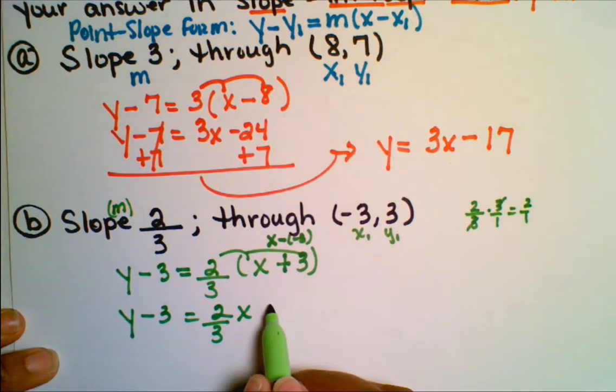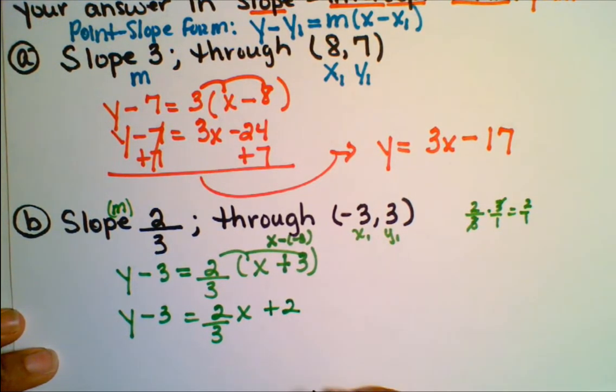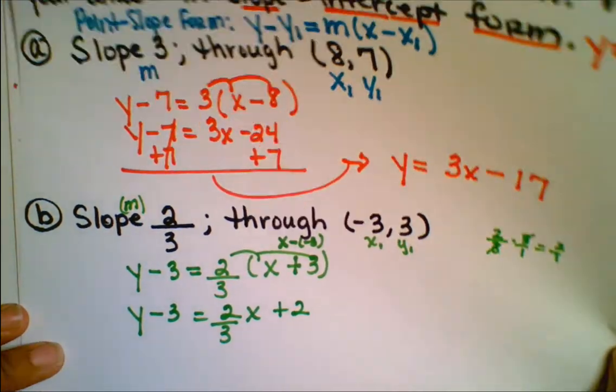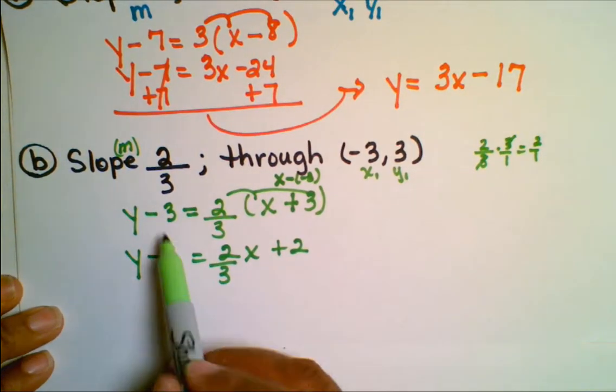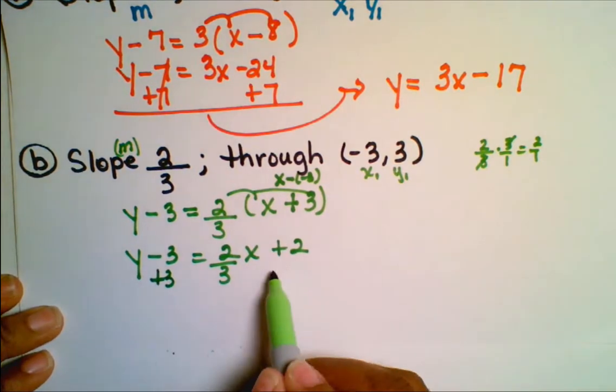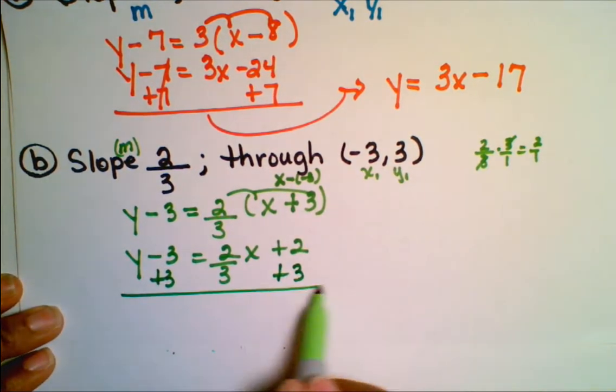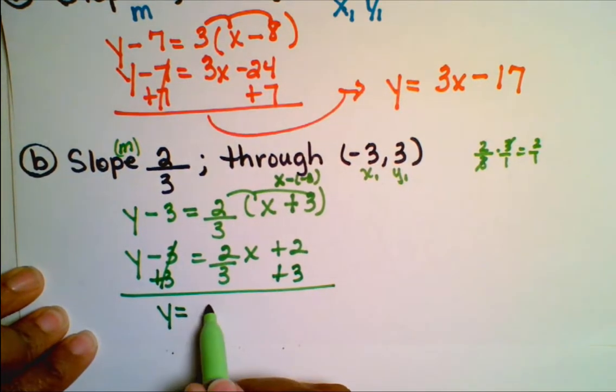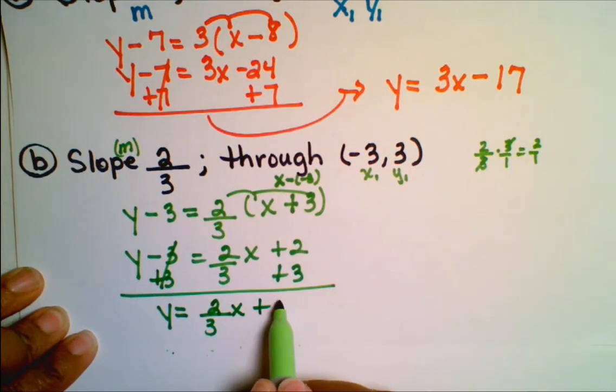So our solution will be 2. And then lastly, let's add 3 to both sides. And we have y is equal to 2/3 x plus 5.